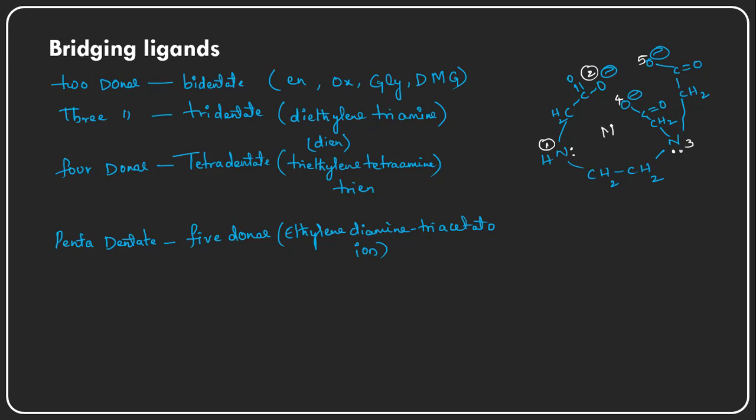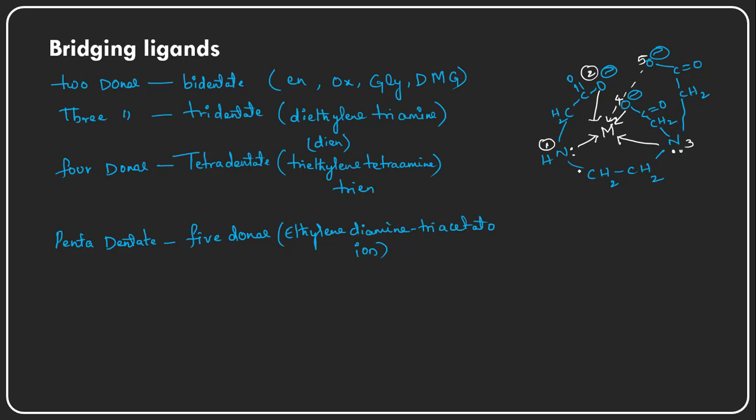So if the central metal ion is there, it can form the covalent coordinate bond with the central metal cation by donating their pair of electrons, and these three oxygen atoms also can donate the pair of electrons to the central metal cation and form coordinate covalent bonds.